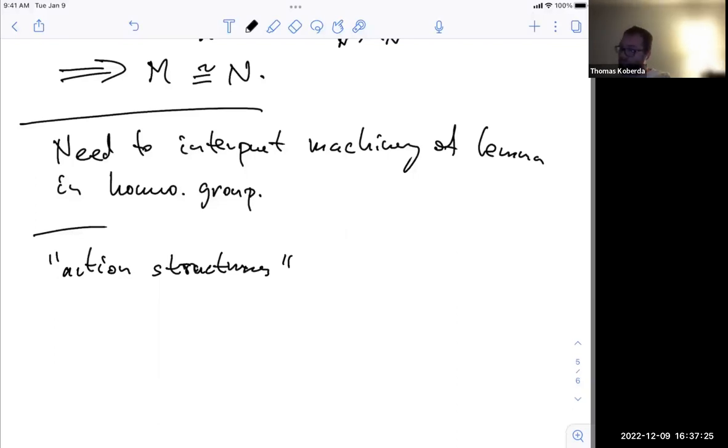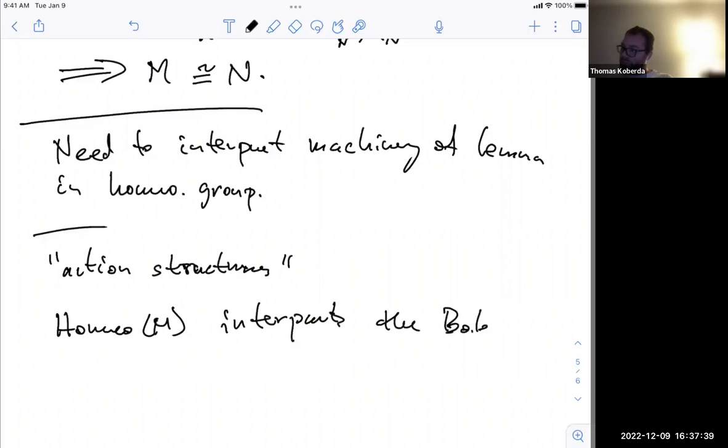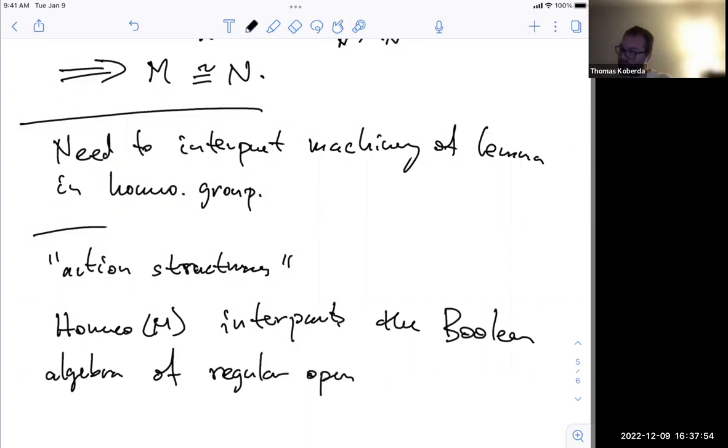So basically the homeomorphism group of M interprets the Boolean algebra of regular open sets on M. Okay, so what are the regular open sets?